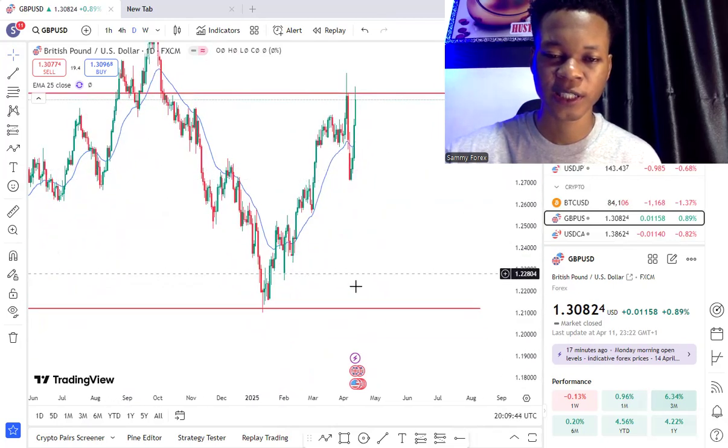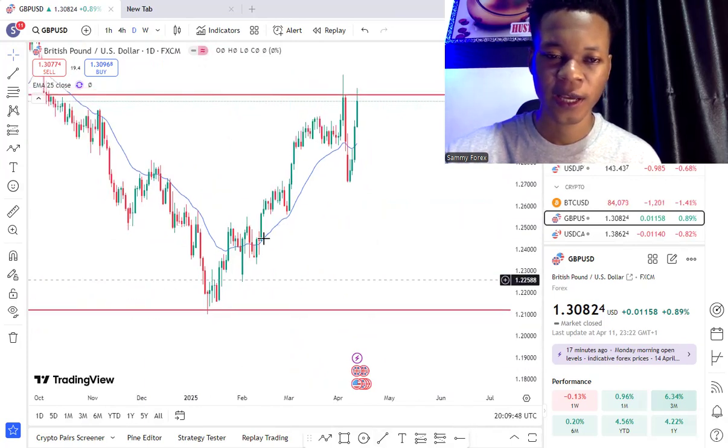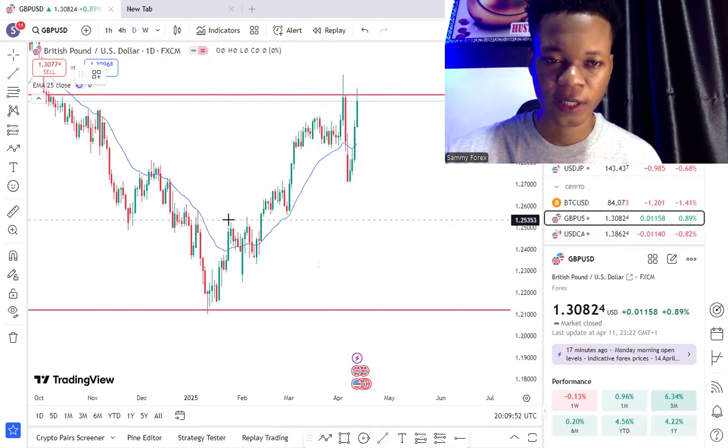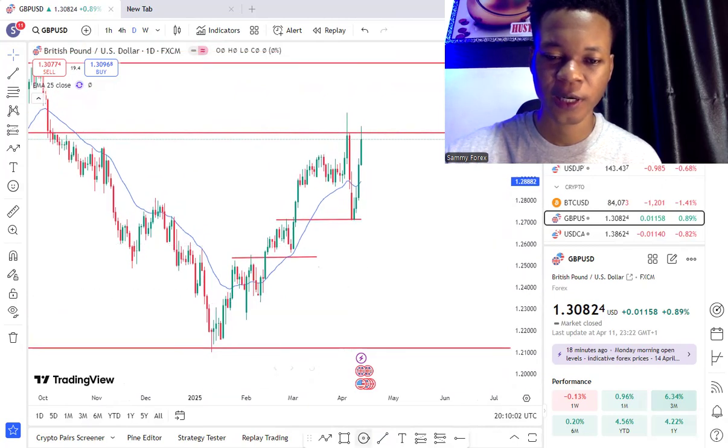You notice price is creating a high on the daily time frame. You notice price is creating highs. Highs are constantly being broken, just maintaining that the price is actually going up.